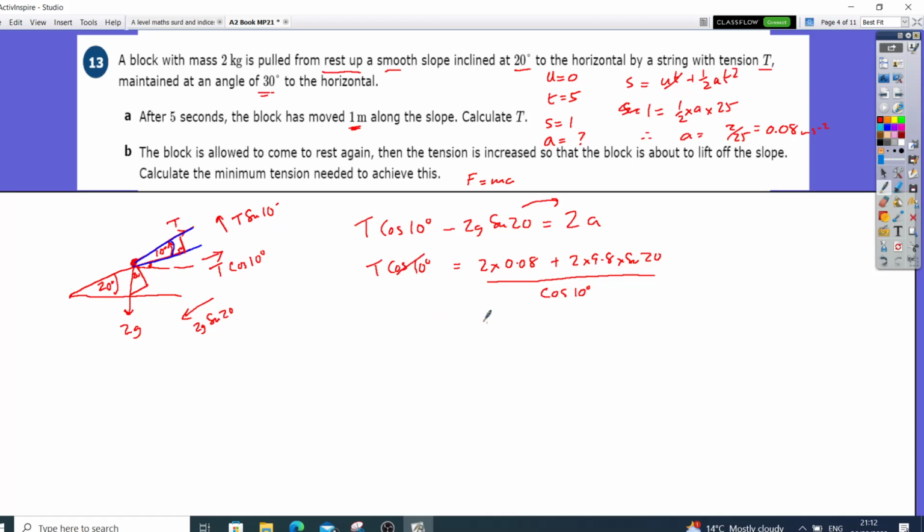So that's gone. So therefore tension will equal, now if we put that in our calculator, you get tension to be 6.97. Okay, to 3 significant figures.